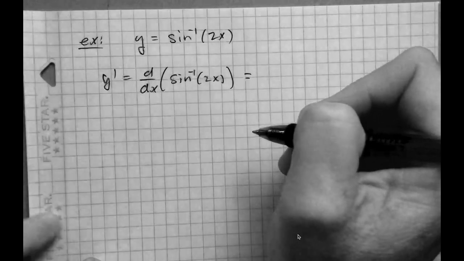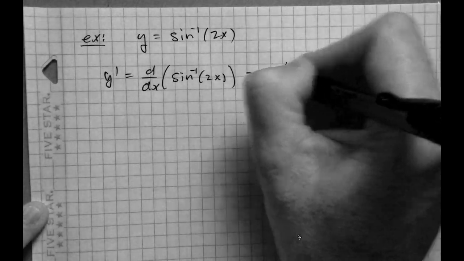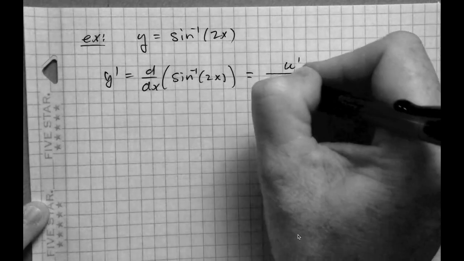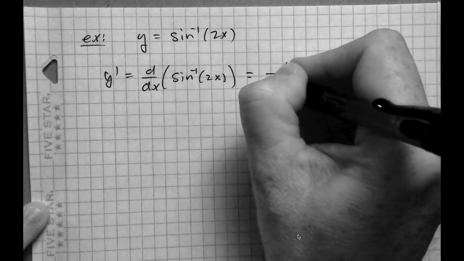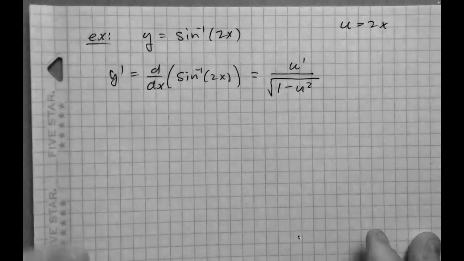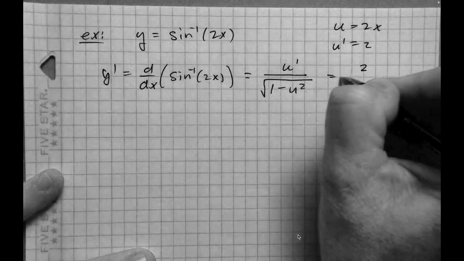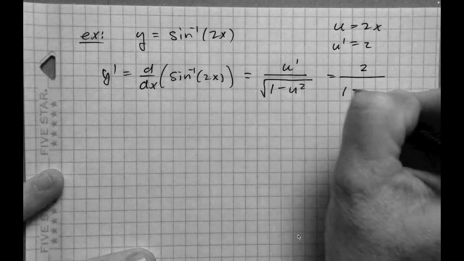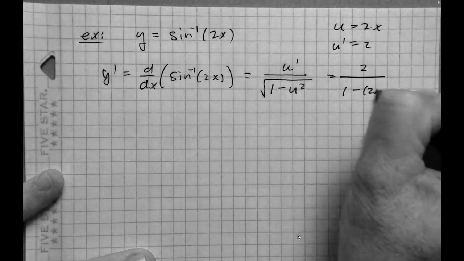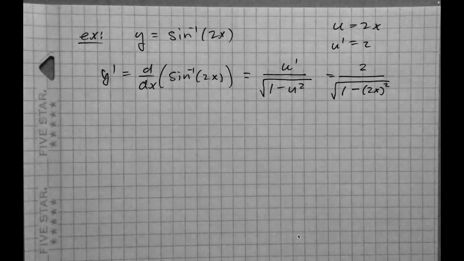And we know that that's just going to have the form of u prime over the square root of 1 minus u squared. Here we know that u is equal to 2x, so that means u prime is 2. So we can just plug all this in, which almost feels like cheating, doesn't it? But there it is.